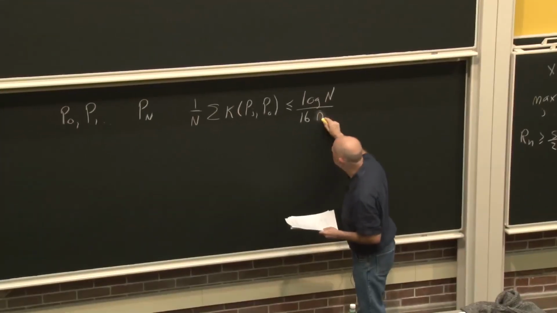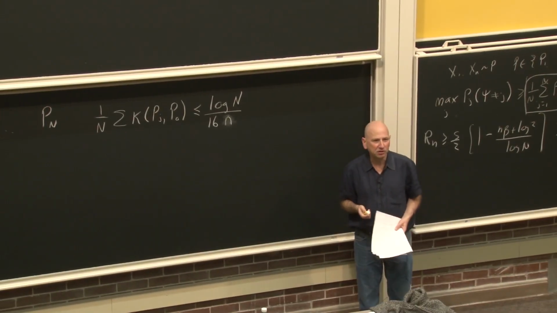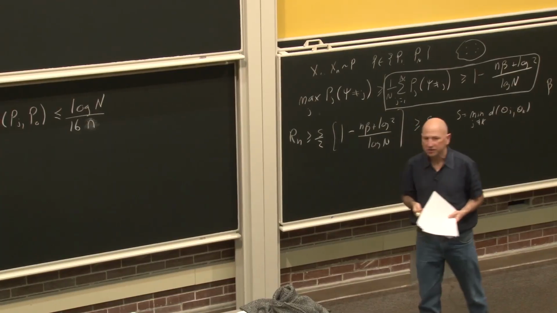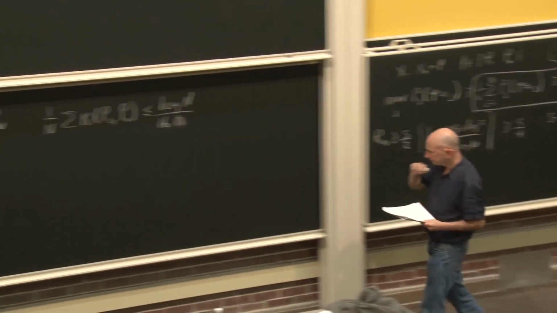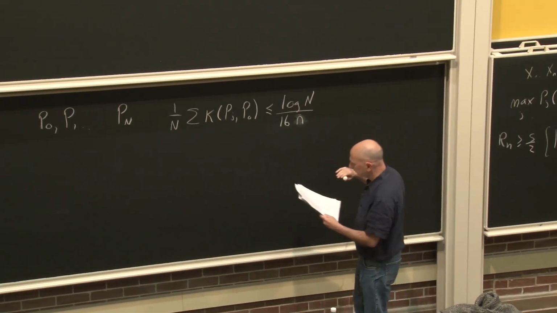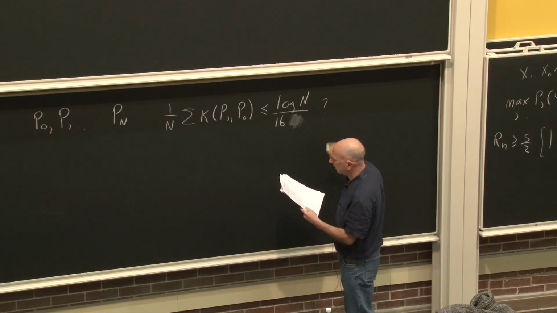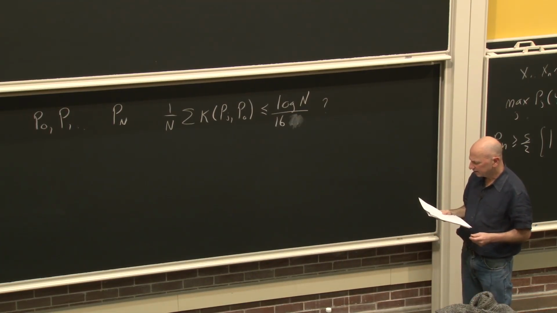So I don't have n in the notes. I did it for n equals 1 in the notes. But in general, you can do this for little n observations. So in general, you're going to want this condition to be satisfied. Is that right? Actually, let me check. Hang on. Let me check that. Let's come back to that in a minute. Something's bothering me about that right now.